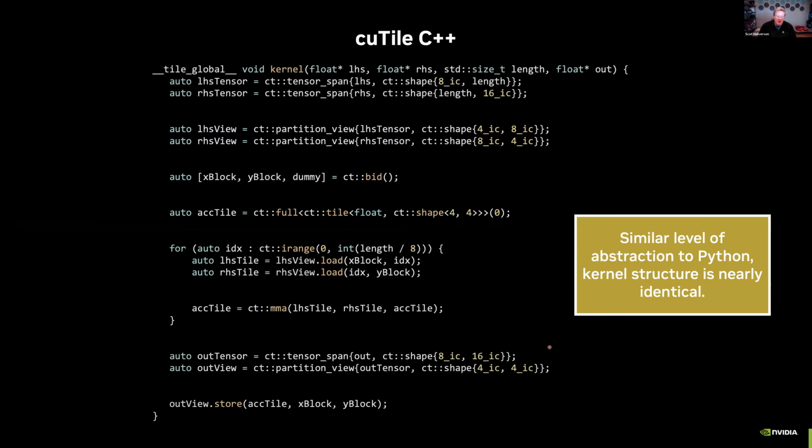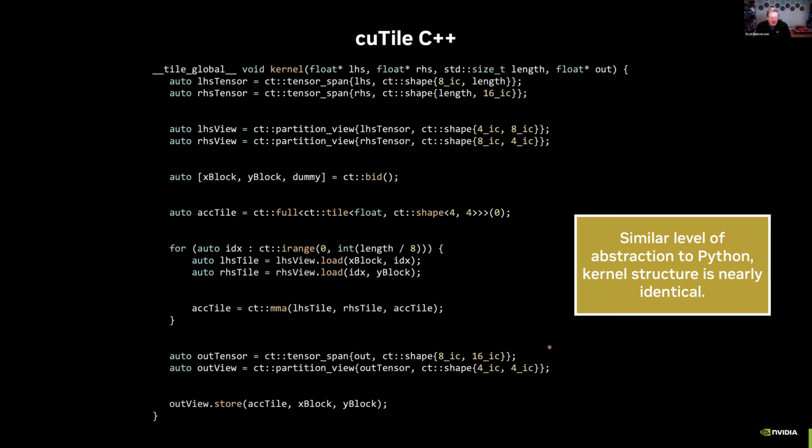Let's see. So I'll touch a little bit on an example of what this looks like in C++. There's a new kind of keyword in C++, tile global, that represents the descriptor for a kernel. But other than that, it looks fairly similar to what you'd expect with a CUDA application, right? So we're defining a kernel and its parameters. This looks like fairly modern C++ with auto everywhere.